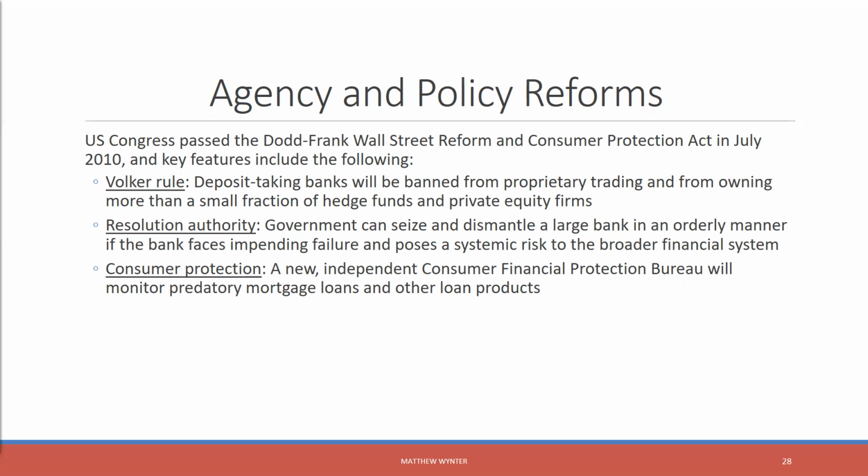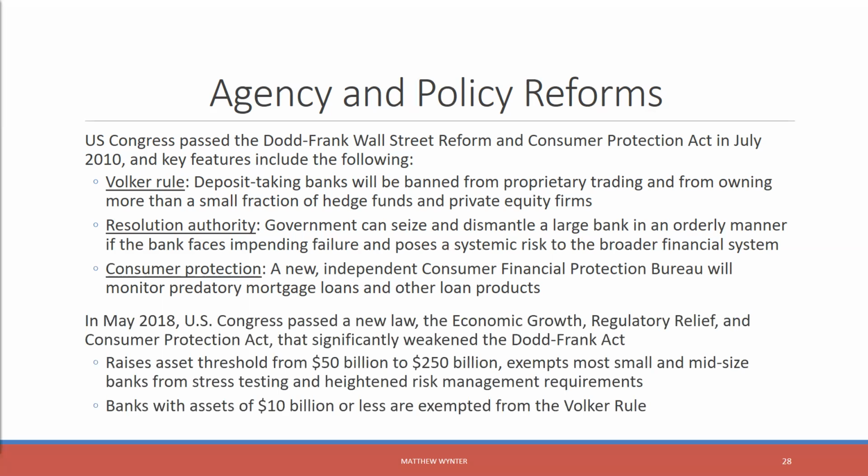We also have the Resolution Authority, so the government can come and dismantle a bank that's too big to fail. And then we also have consumer protection. So we have a new independent Consumer Financial Protection Bureau that's designed to monitor predatory loans and other loan products. So we have the CFPB.